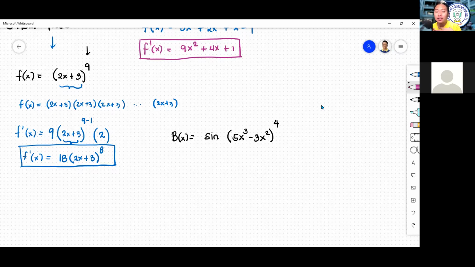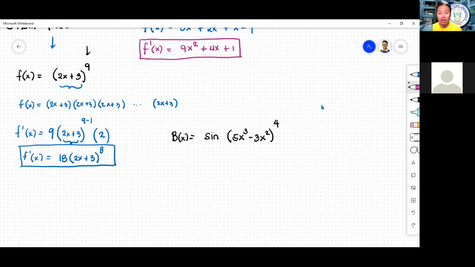So how to go about getting the derivative of this function, guys? Again, you start off with the outermost part of the function. The outermost part is the sine itself. Based on the table that I provided you before, what is the derivative of sine? The derivative of sine, guys, is cosine. Right? Okay.